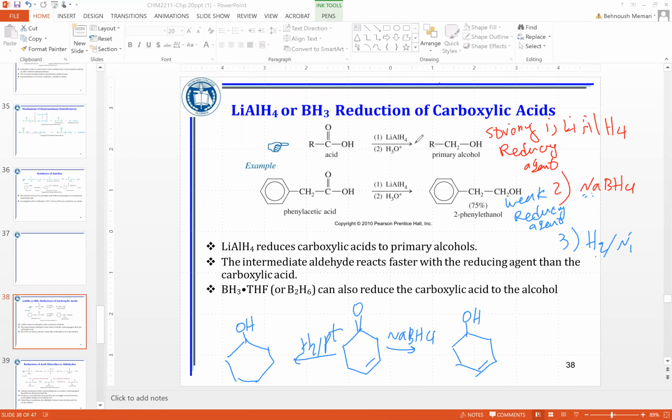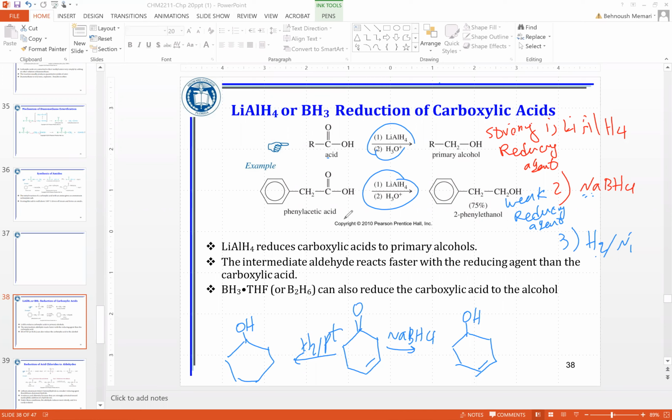Lithium aluminum hydride is strong enough to reduce carboxylic acid. You cannot use hydrogen or sodium borohydride to reduce carboxylic acid or acid derivatives. You must use lithium aluminum hydride. And if you use lithium aluminum hydride, it would give you a primary alcohol. Reduction means adding hydrogen, removing oxygen.